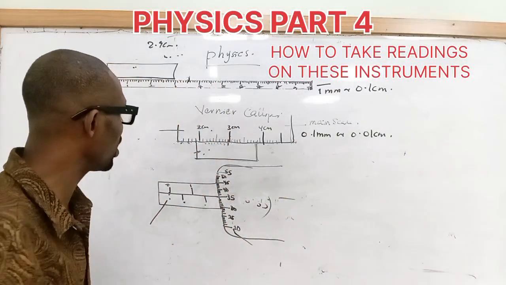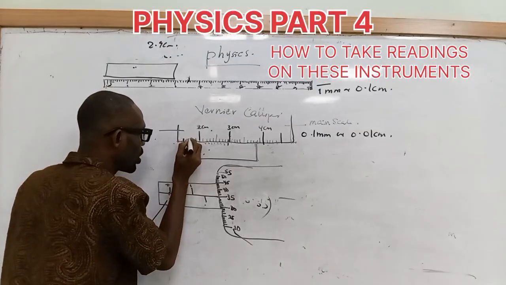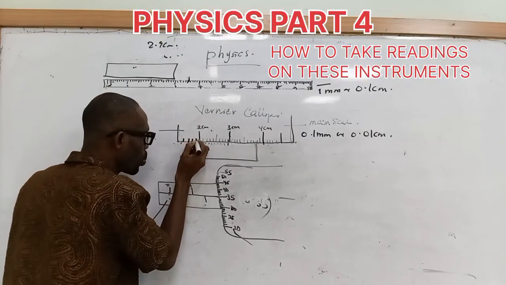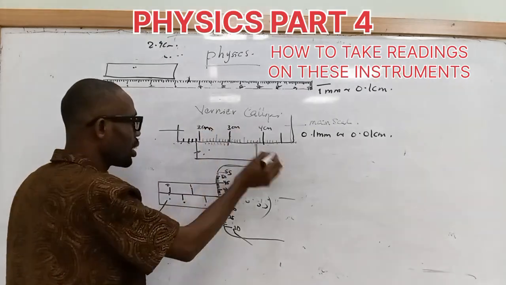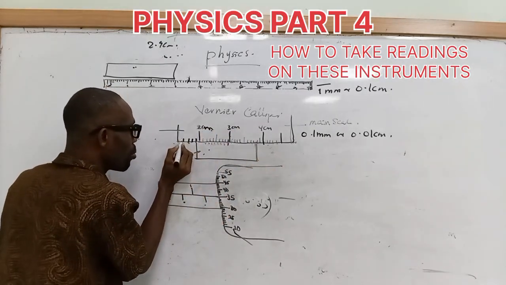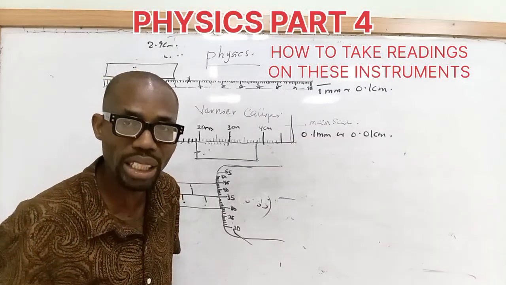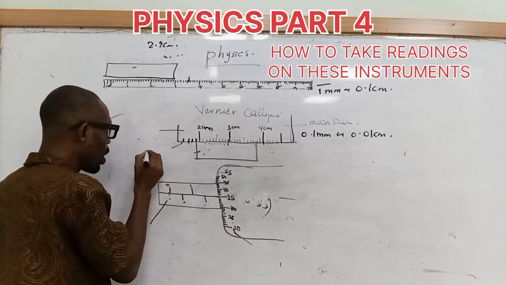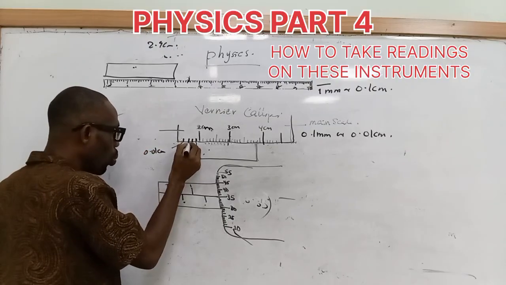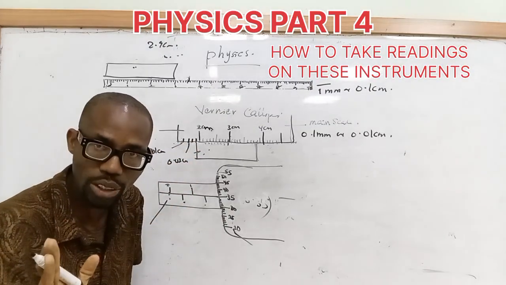Now the implication is that from this point to this point, since the question is in centimeter, the difference will be 0.01 centimeter. So let's assume that this one is 0.01 centimeter. What would this one be? 0.02 centimeter. I don't know whether you understand what I'm trying to say.